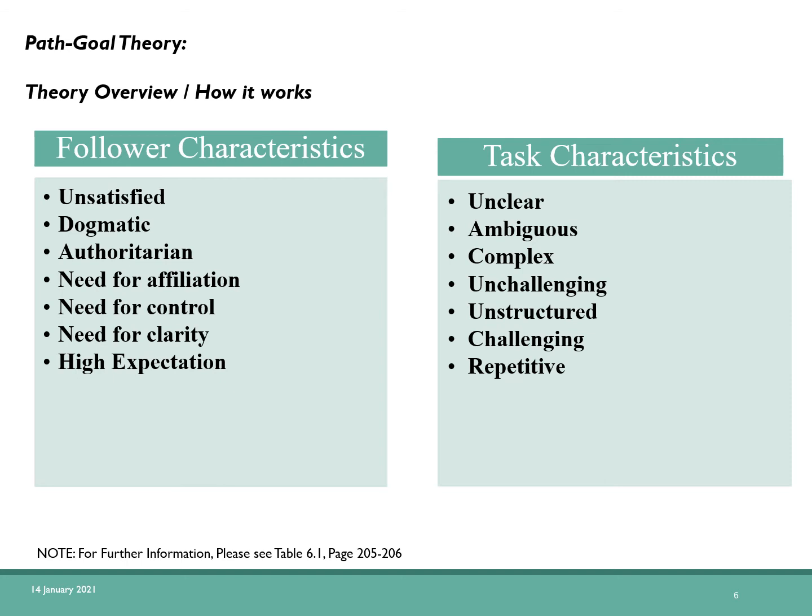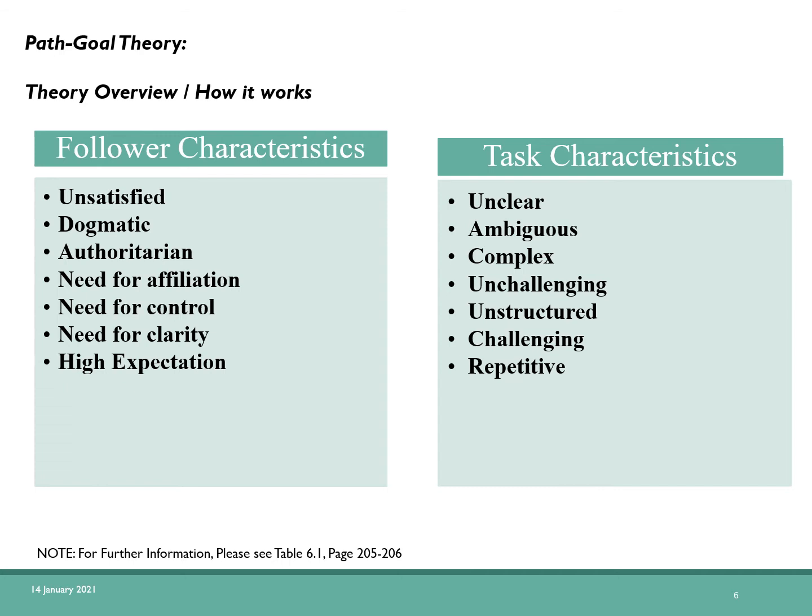However, on pages 205 and 206 in the book, we can find further information on how each kind of follower characteristic or task characteristic needs a specific type of leadership. This theory suggests that leaders need to choose a leadership style that best fits the needs of the followers and the work that they are doing.